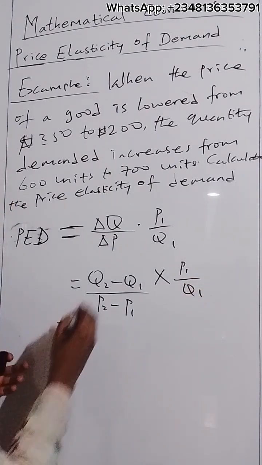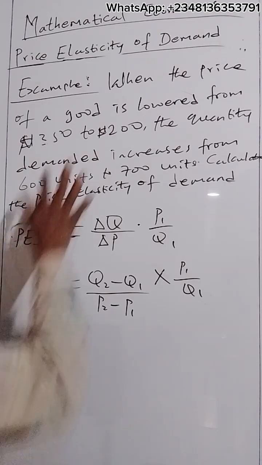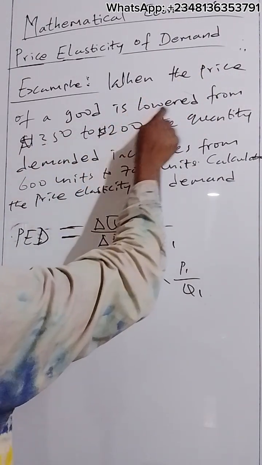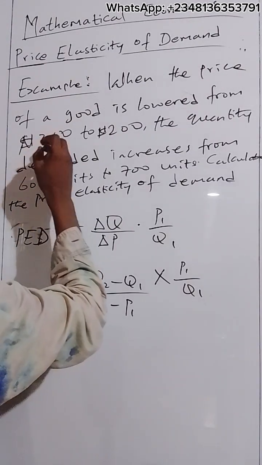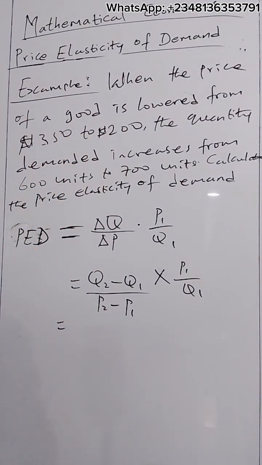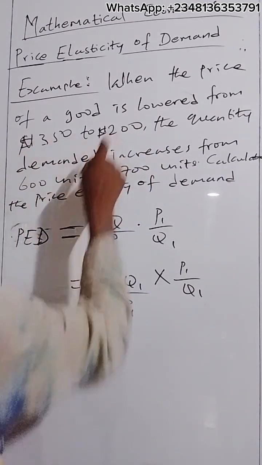In other words, what is Q2? Q2 is the new quantity demanded. You can see the price of the commodity is lowered from 350 naira to 200 naira.